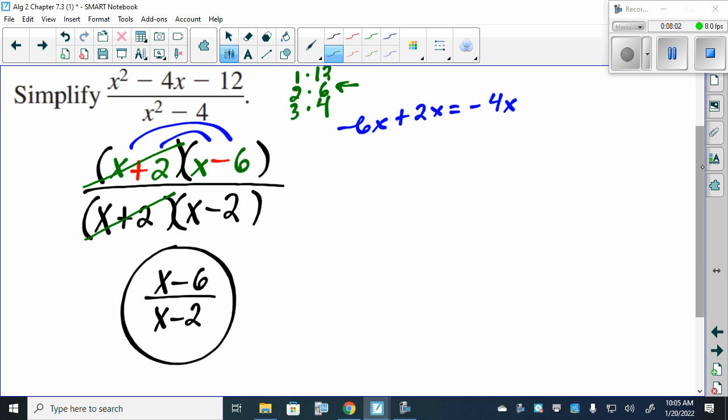But really, our restrictions, let me get a highlighter, would be any values of x that would make the denominator 0, or make us have a division of 0. Well, if we were to talk about it here, x cannot be, well, what would make x minus 2 be 0?